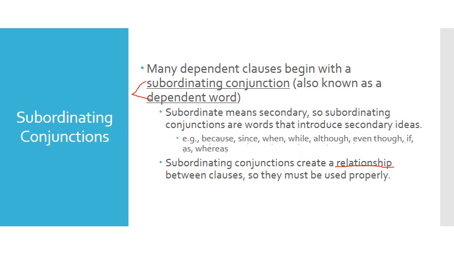So when you use the subordinating conjunction, you have to use it correctly, to make the relation between the two clauses in a correct way. Again, I repeat, these are not the only examples of subordinating conjunctions, but they are the most used subordinating conjunctions.